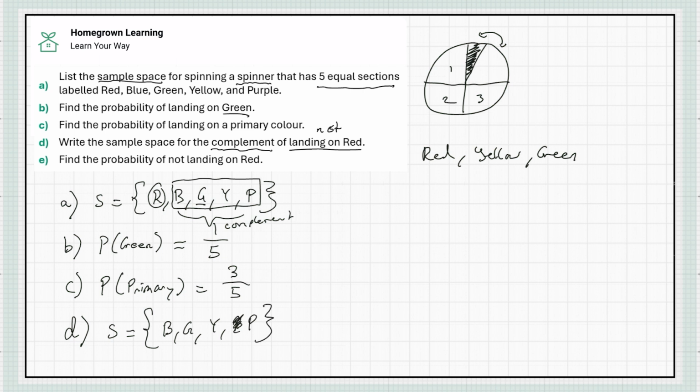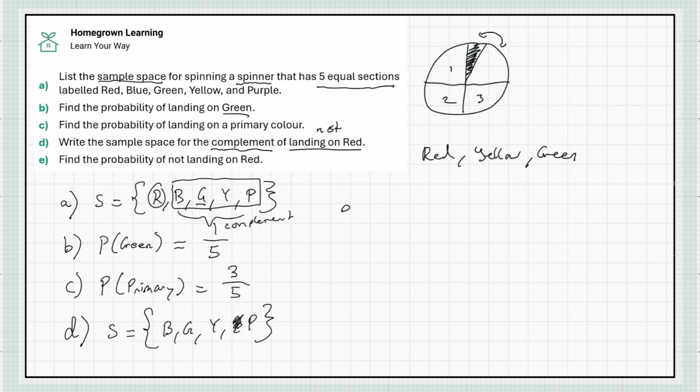Right? So a complement is always the opposite, or what we're not landing on. So if I roll a dice and I get a 1, the complement of getting a 1 on a 6-sided dice is getting the other 5 numbers, a 2, a 3, a 4, a 5, and a 6.